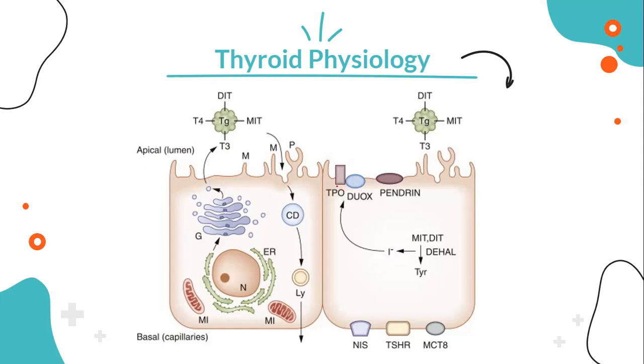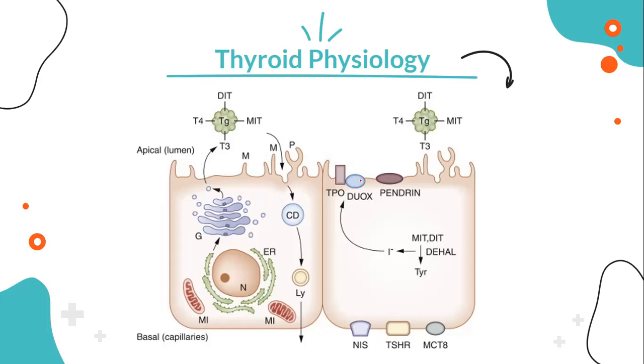Remember, it's located in the apical pole of the cell. There are two main types of thyroid hormones: T4, which is thyroxine, and T3. The number stands for the number of iodine molecules it has.